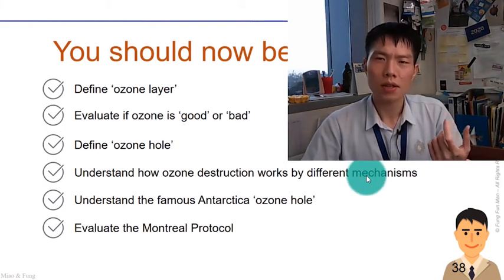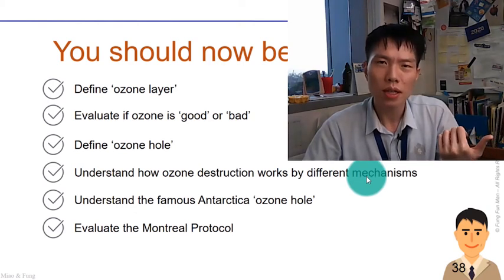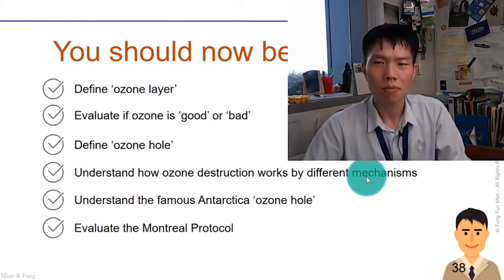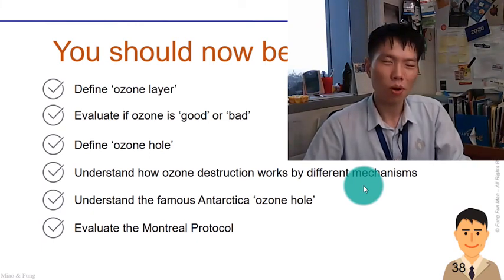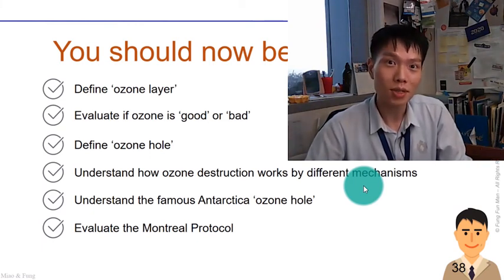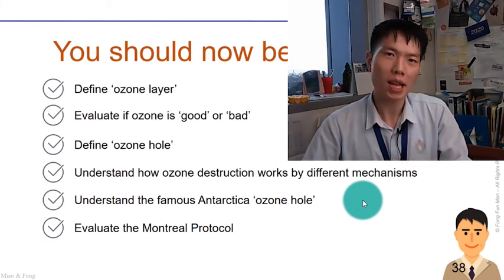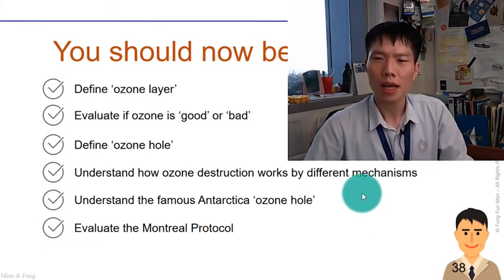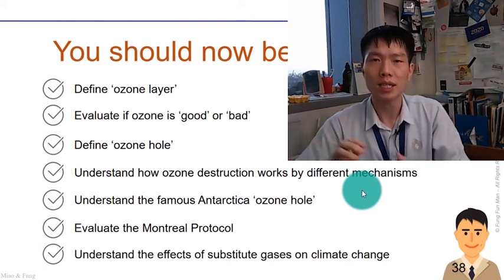Evaluate the Montreal Protocol: when was it agreed, what was agreed, and why there were so many revisions. We do not need to know where it was reviewed, or which 190-something countries signed, but you should know this was of significant impact compared to the Kyoto Protocol. And finally, understand the effect of the substitute gases on climate change.